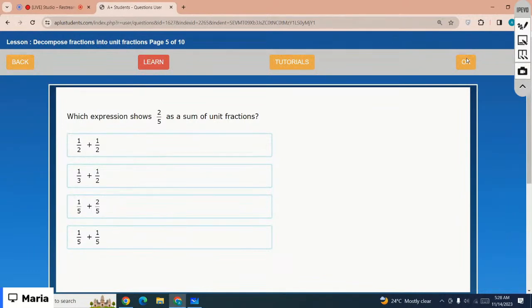Which expression shows 2 by 5 as a sum of unit fractions? Which is the correct option?